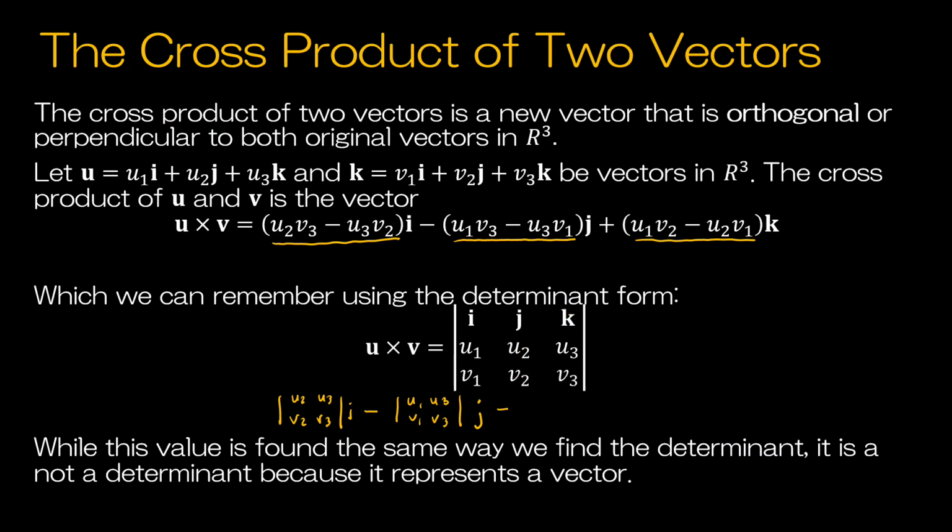And then plus, using k, I've got the determinant of u1, u2, v1, v2, times k. And that is going to give me u cross v. So let's take a look at an example.